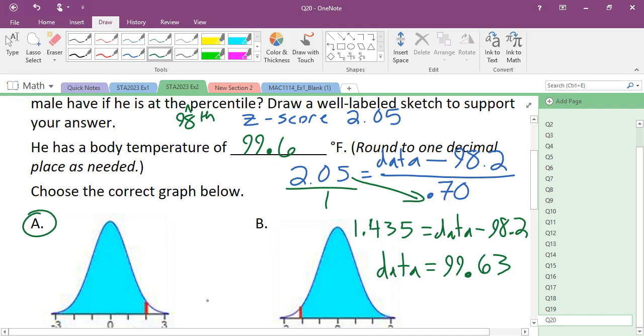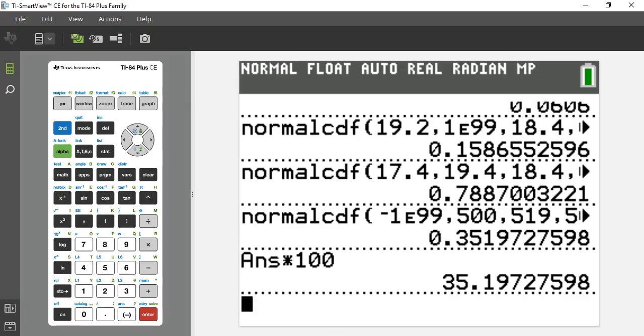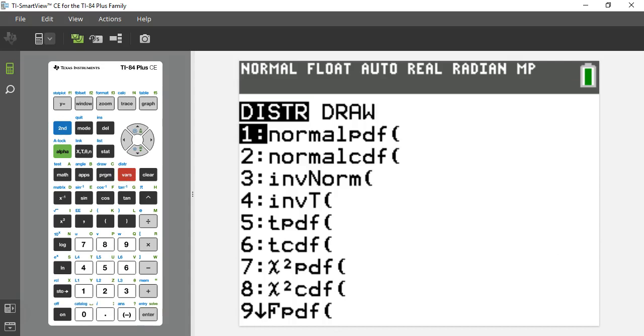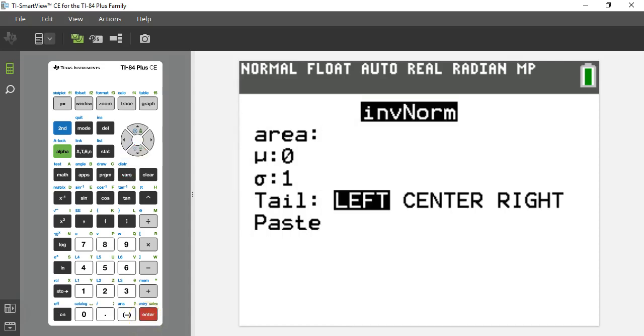Now let's talk about if we used our calculators. We go into 2nd distribution again, and you want to do inverse normal, because you are trying to go back to your score. The first thing it asks is the area, in other words, the percent.